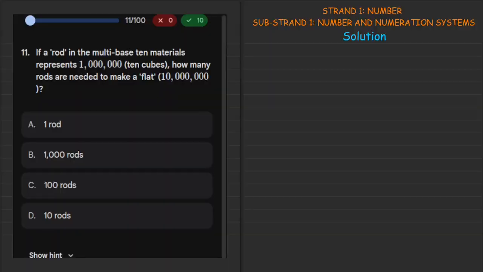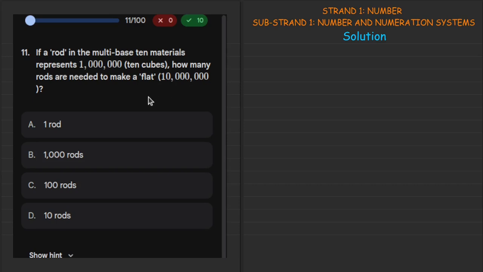Okay, so welcome back. It says, question number 11, if a rod in the multi-base material represents a million, then how many rods are needed to make a flat? And a flat is actually 10 millions, you see.